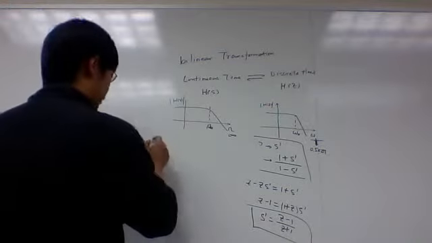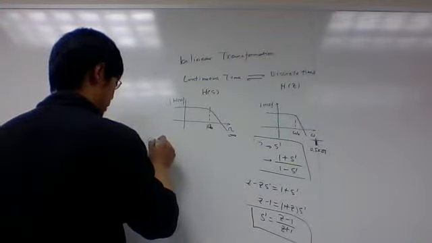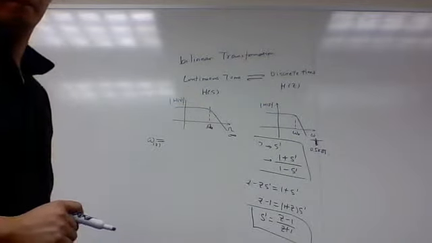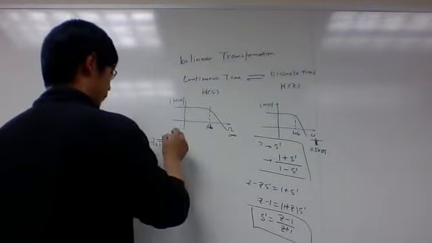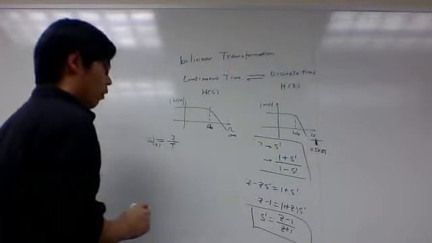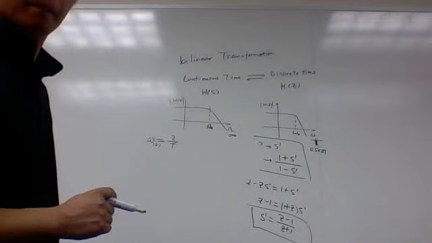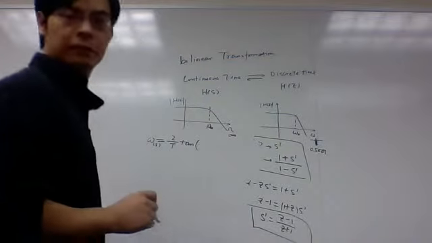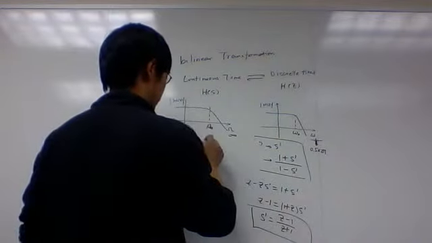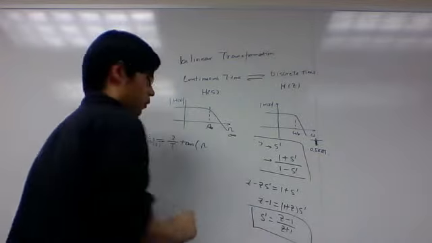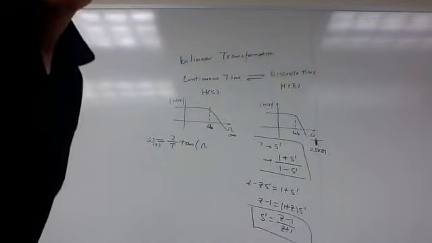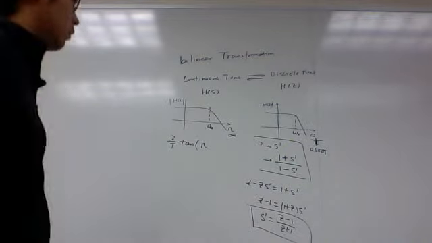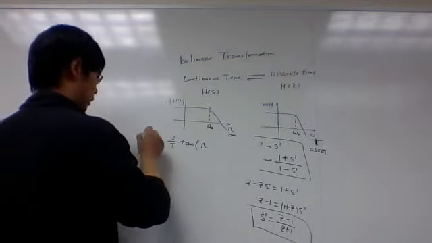So basically the omega of z in terms of z is actually 2 over T of tangent of this one. Oh, sorry. So this is omega, is this one.